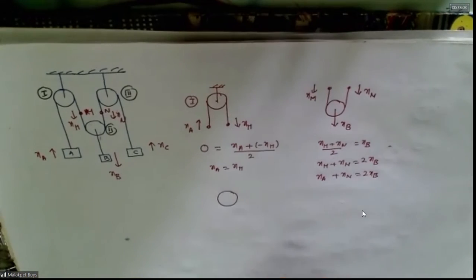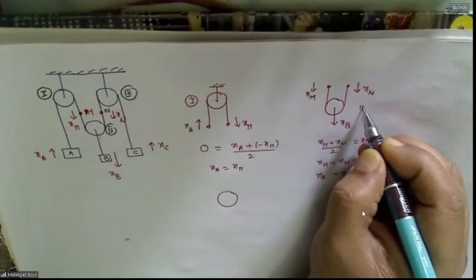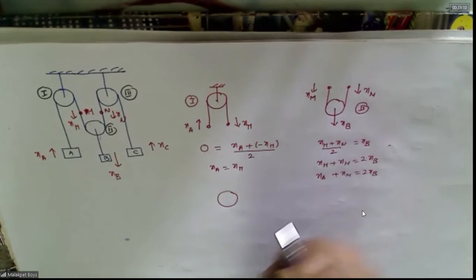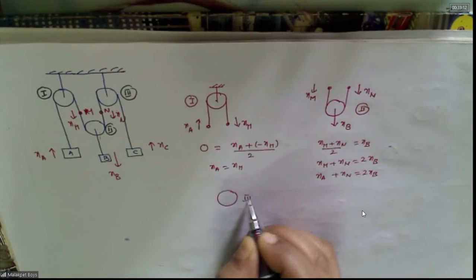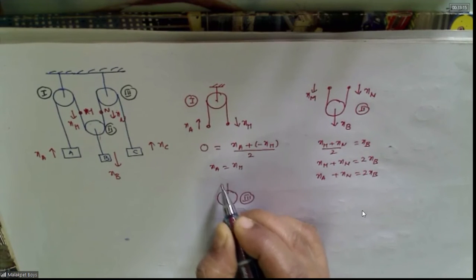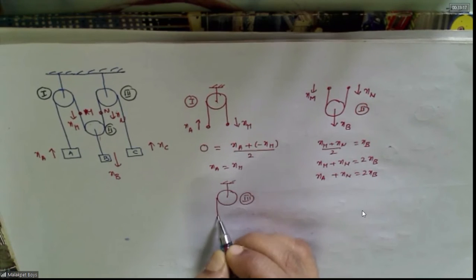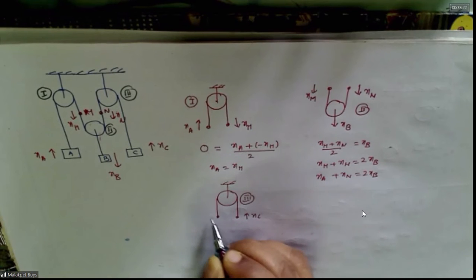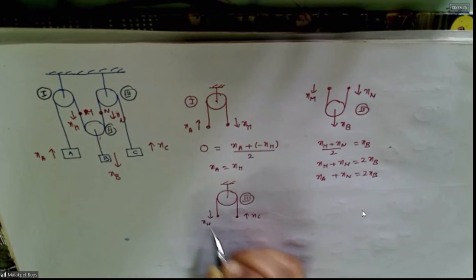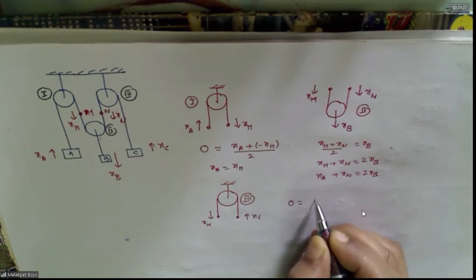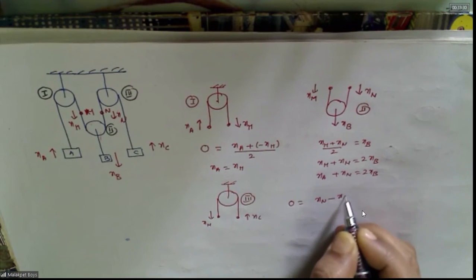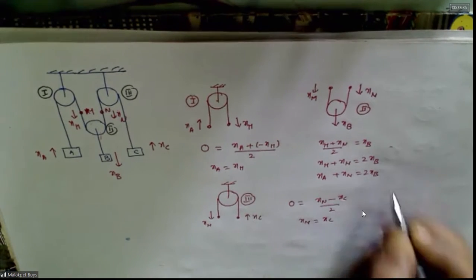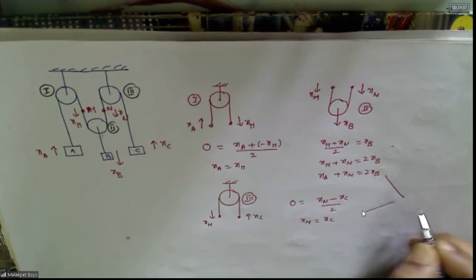Now come back to this end. The third pulley. This is the second. This is the third pulley. This is fixed. Zero equals... so from these two, what you can have?